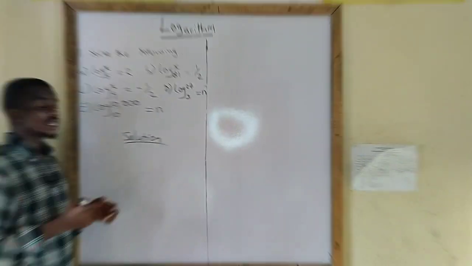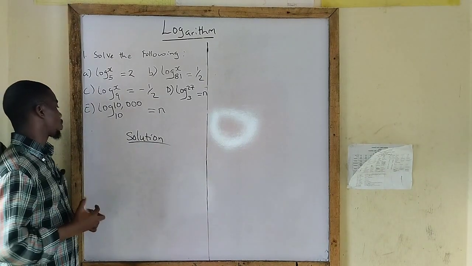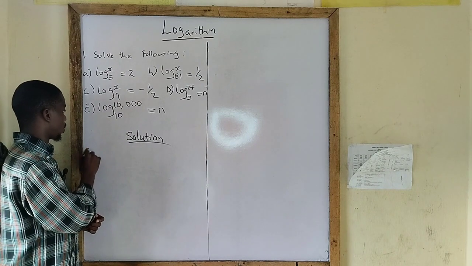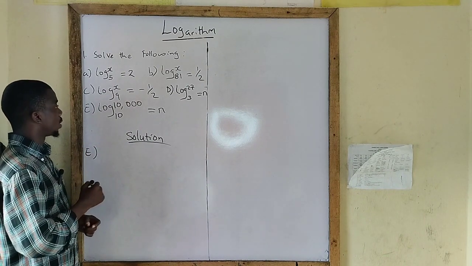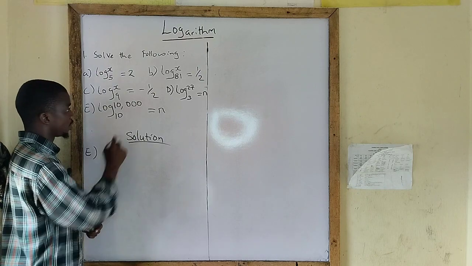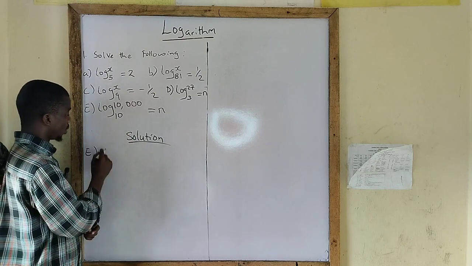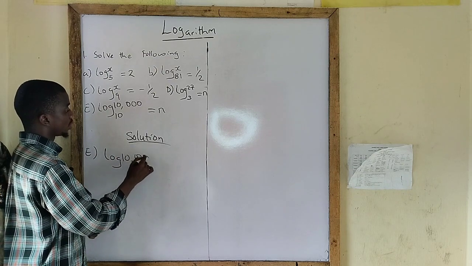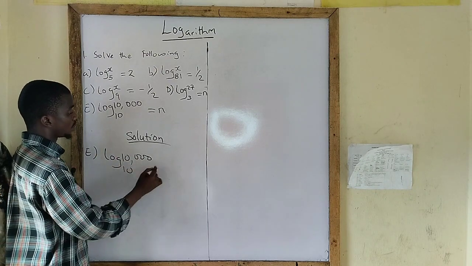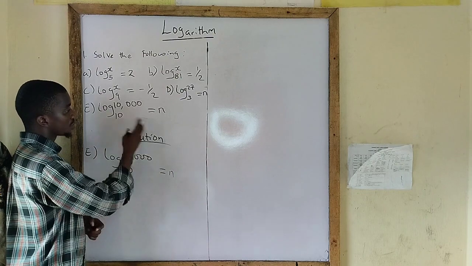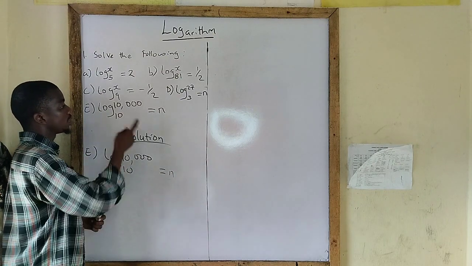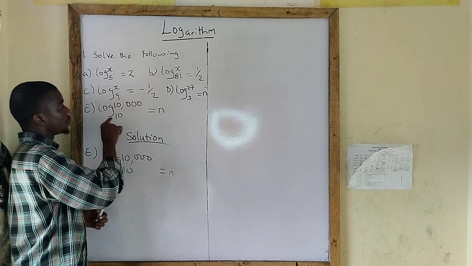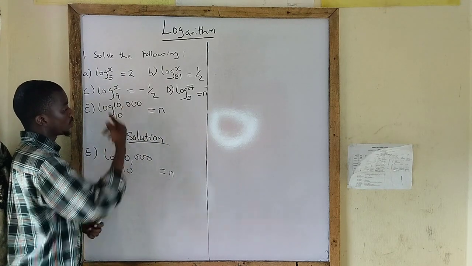We take the last question, the E question. It says that log 10,000 to base 10 is equal to n. This question simply means what number would 10 be raised to for us to obtain 10,000.